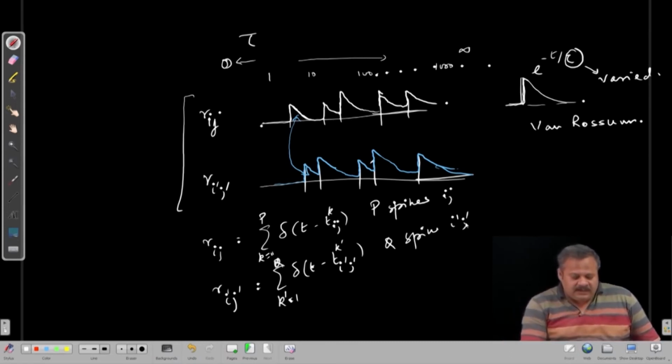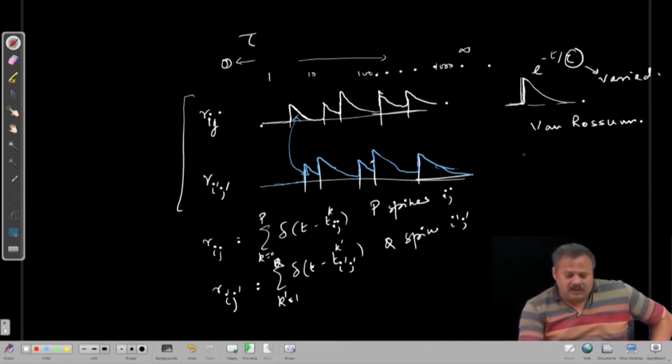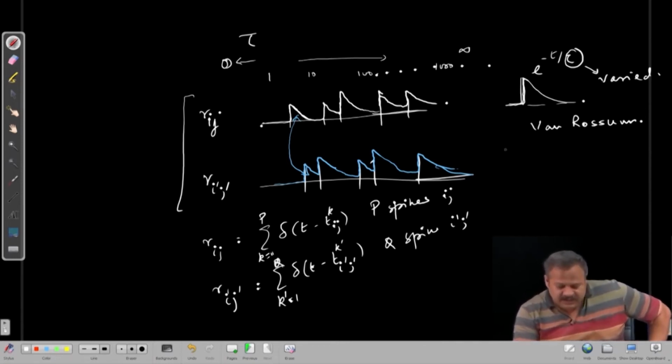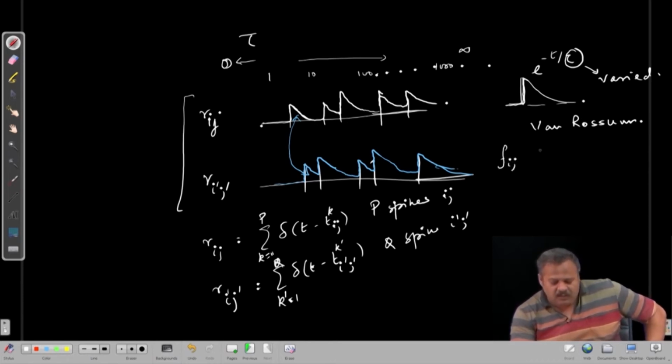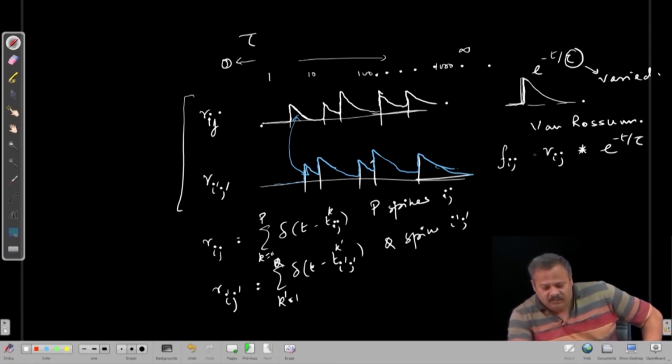So this needs to be convolved with the e to the power minus t by tau. So we call this a function Fij, which is rij convolved with e to the power minus t by tau, can be proportional to that.